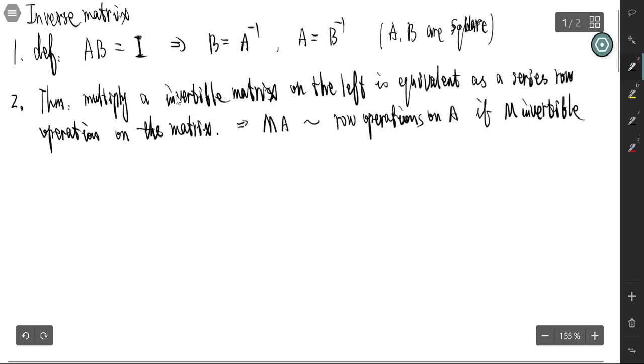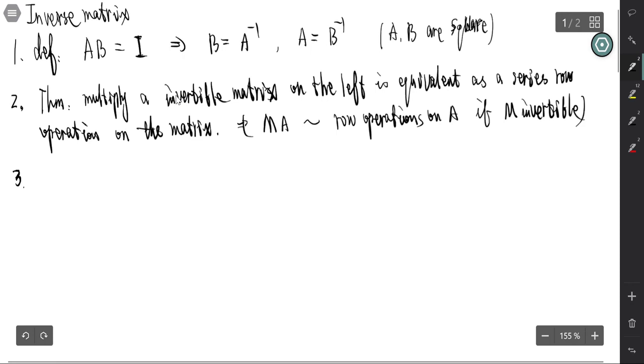Using this theorem, we can find the inverse of our matrix.